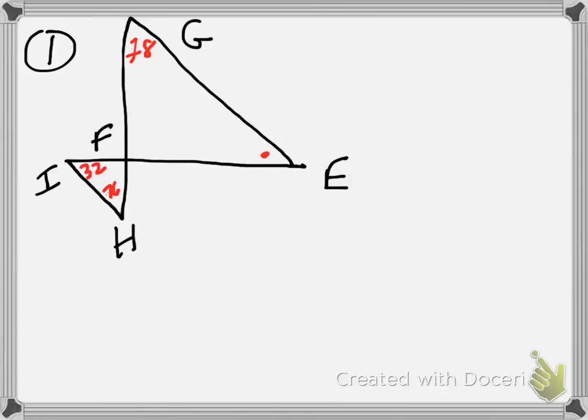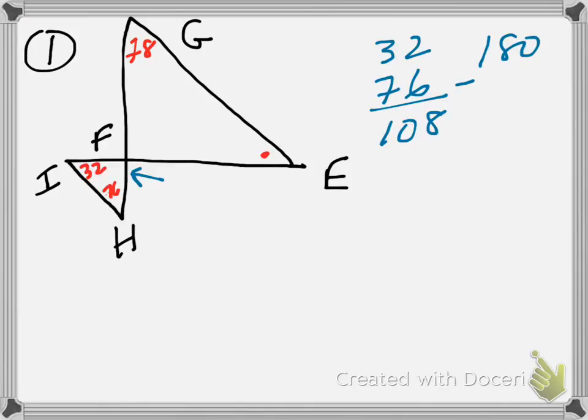The first thing I would do is look for this angle right in here, because we have two angles of the triangle, 32 and 76, and that gives us 108. We know the three angles of a triangle should equal 180, so 180 minus 108 is 72, and therefore that one's 72 degrees.